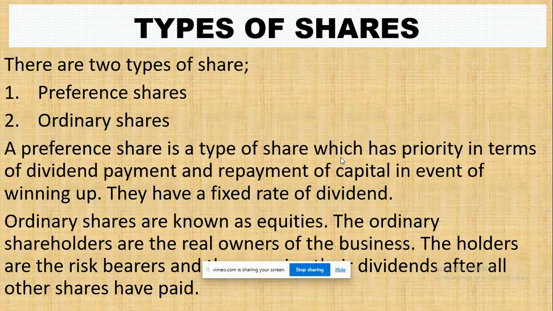Equities. The ordinary shareholders are the real owners of the business. They are the risk bearers of the business after all other shares have been paid. And of course, these are the two types of shares, preference shares and ordinary shares.